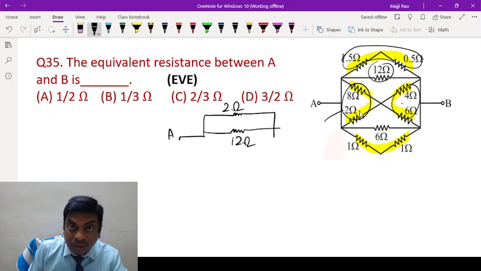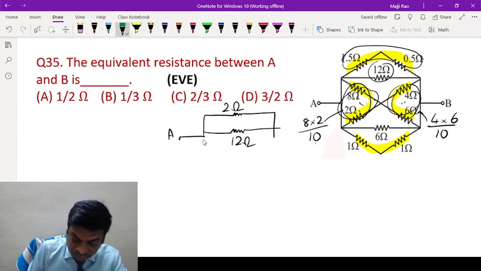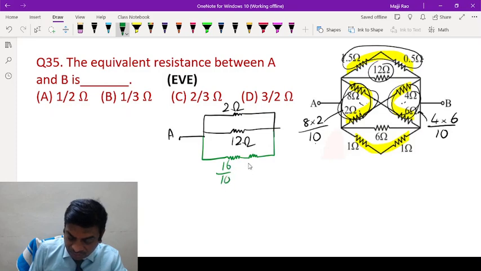Parallel means product upon sum. Equivalent resistance for this will be 8 into 2 by 10, whereas here it will be 4 into 6 by 10. And then you add them because both are in series. So 16 by 10 and 24 by 10 ohm.